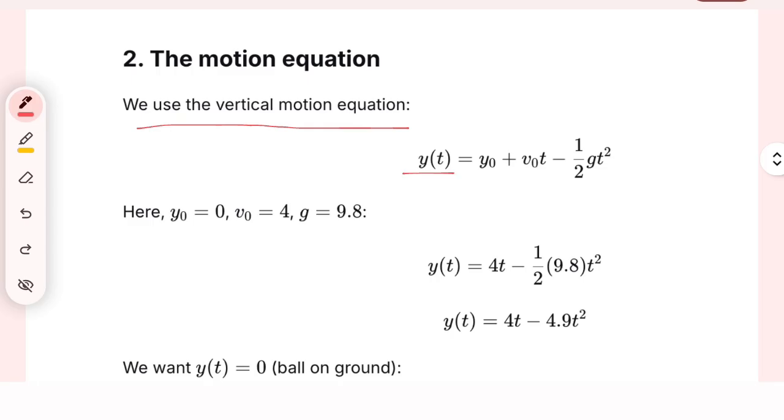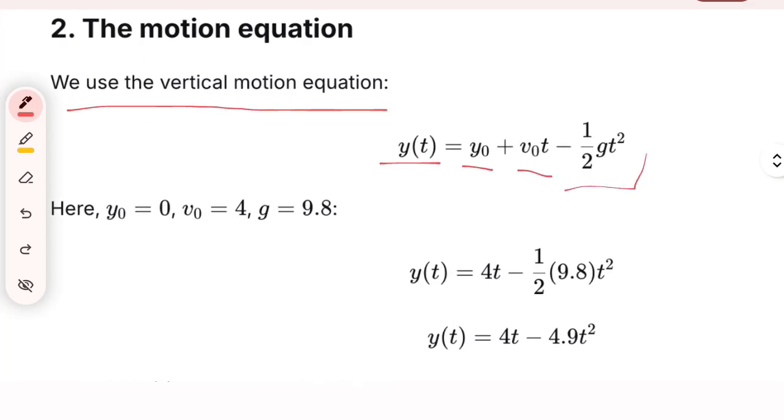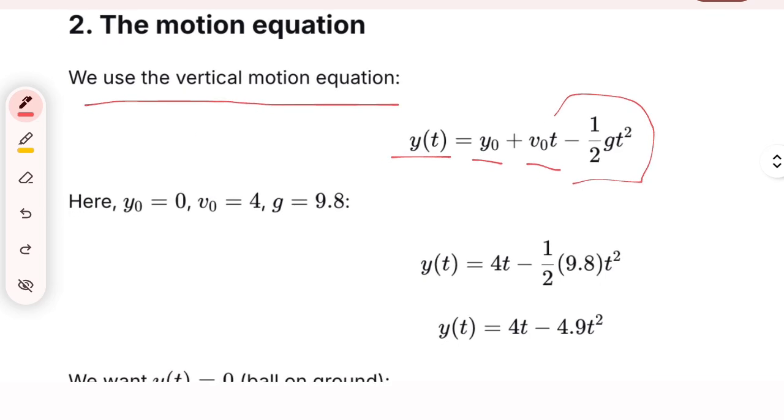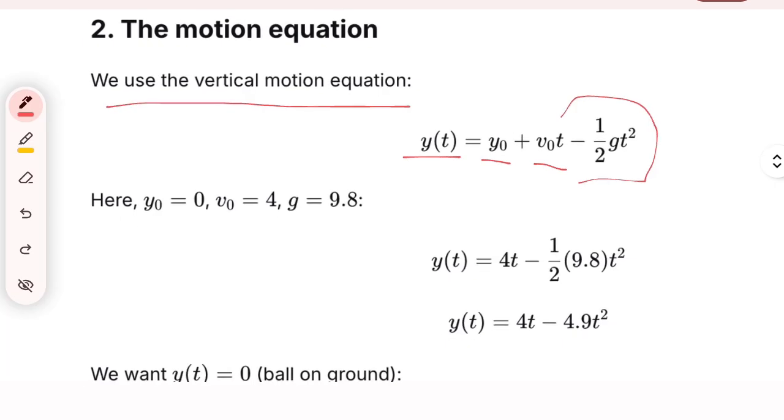Distance y(t), traveled over time, is equal to the initial distance plus the initial velocity times time, minus 1/2 times the constant acceleration g times t squared. The initial distance is 0 because it comes from the ground level.